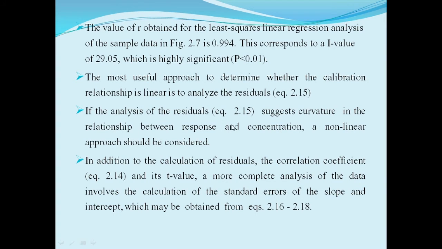The value of R obtained for the least square linear regression analysis of the sample data in figure 2.7 is 0.994. This corresponds to a t value of 29.05, which is highly significant. P is less than 0.01.